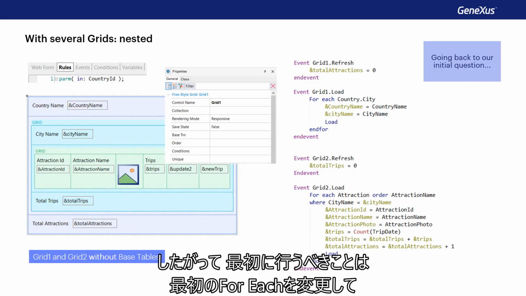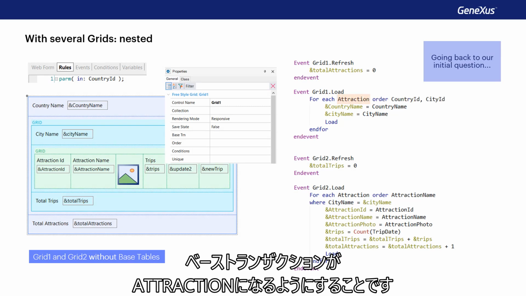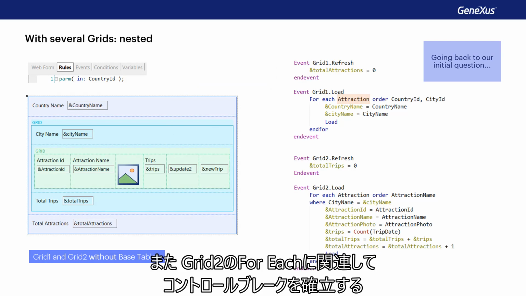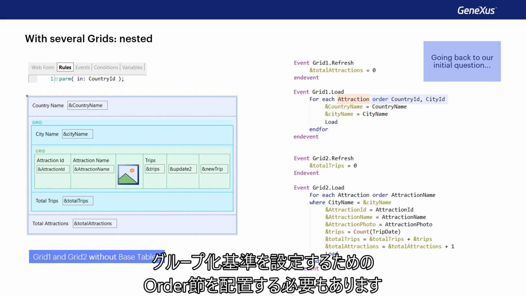Therefore, it seems obvious that the first thing to do is to modify the first for each so that the base transaction is attraction. And it would also seem obvious that we should place an order clause to establish the grouping criteria by which we want the control break to be established in relation to the for each of grid 2.